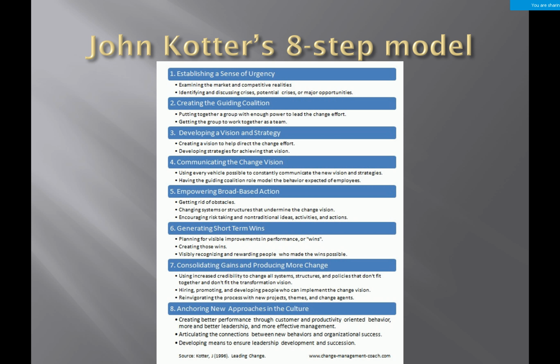A lot of resistance comes from employees asking, are you sure this can be successful? Employees are not certain. So when you build small wins, you build that confidence and reduce the resistance. This is another uniqueness about Kotter's model.